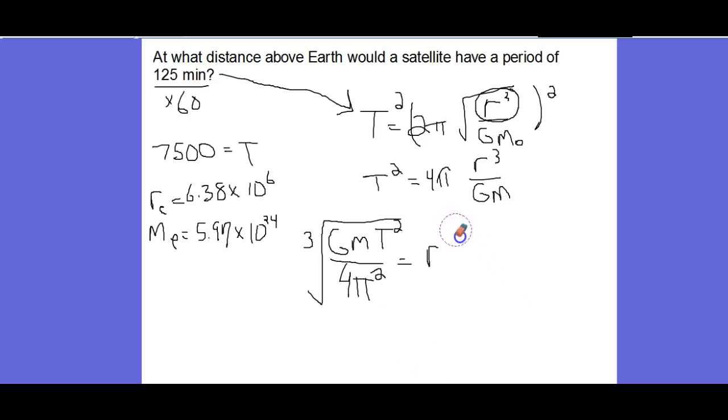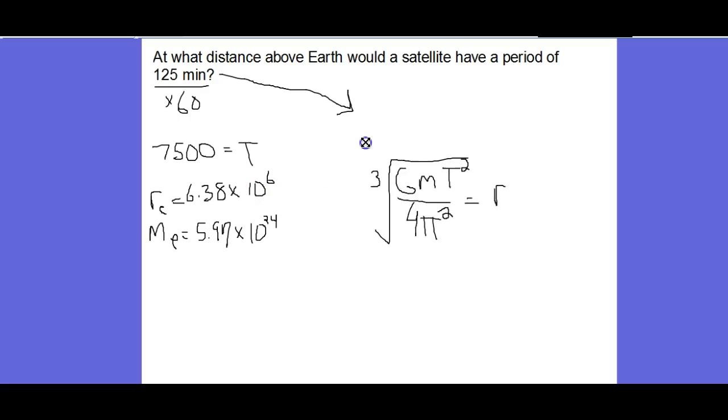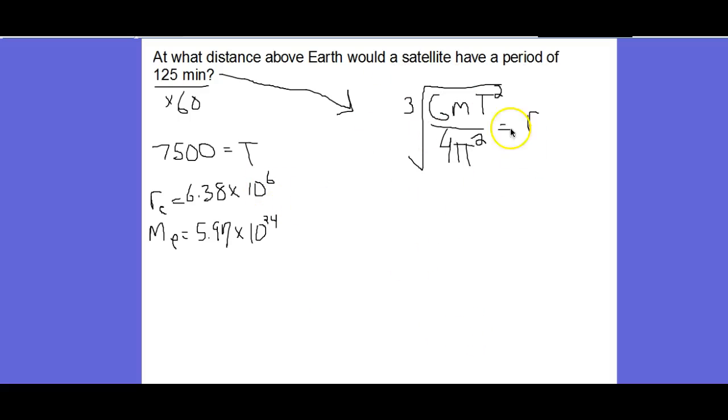So what I'm going to do is move some of this stuff and put this up here. Then we just need to put all these numbers in. They're pretty big, so you've got to see it over here.